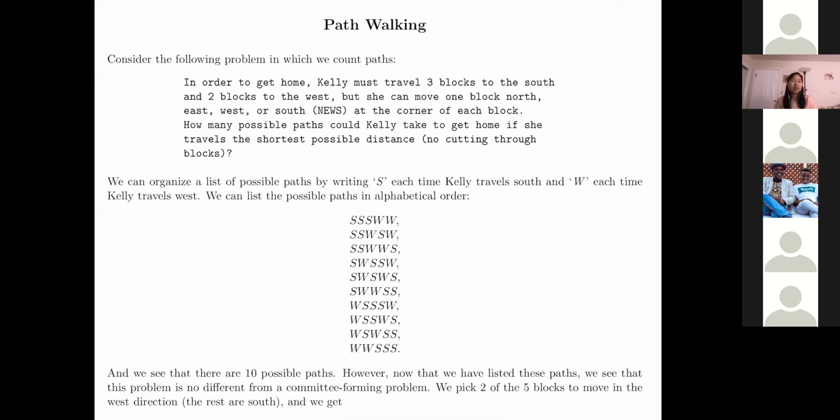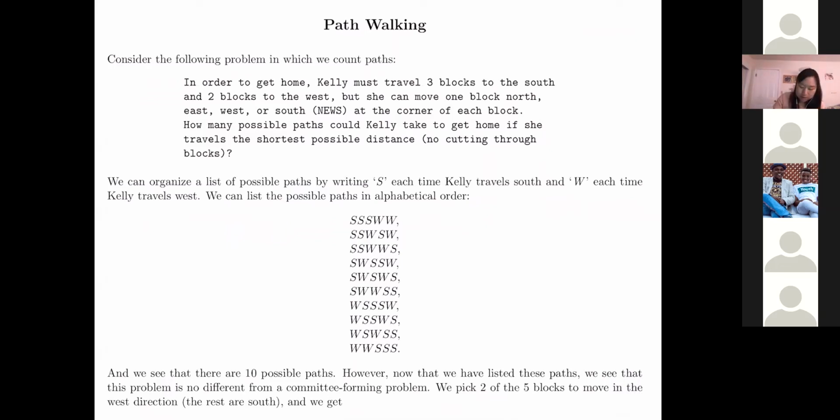In order to get home, Kelly must travel 3 blocks to the south and 2 blocks to the west, and she can move 1 block north, east, west, or south at the corner of each block. How many possible paths could Kelly take to get home if she travels the shortest possible distance and she can't cut through blocks by going diagonally?